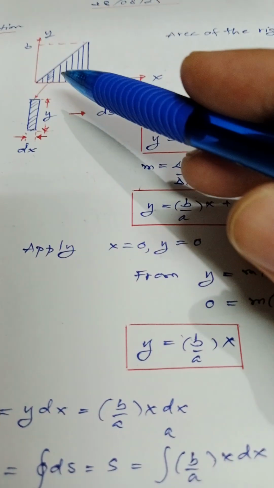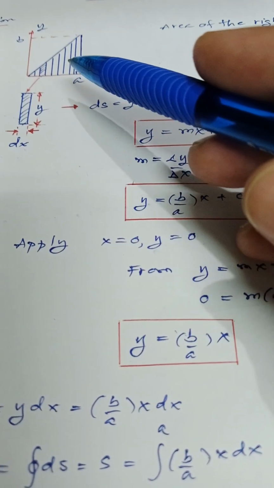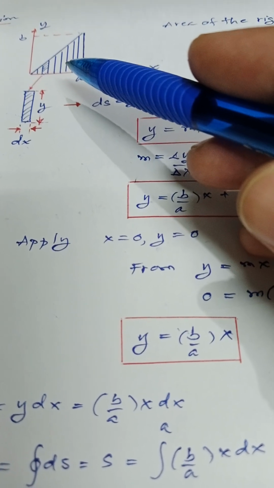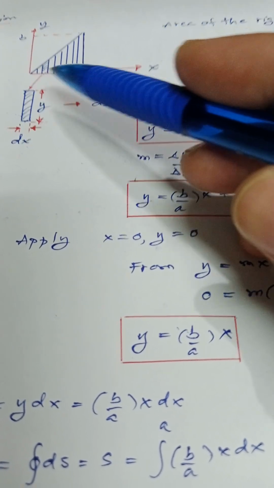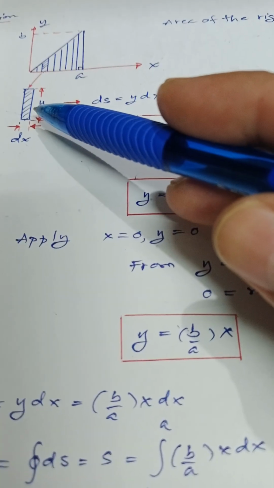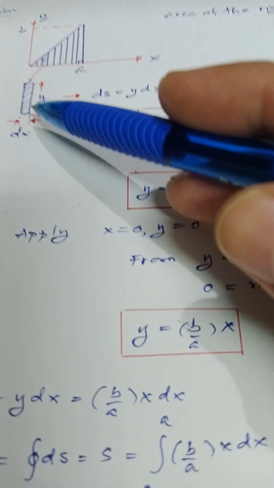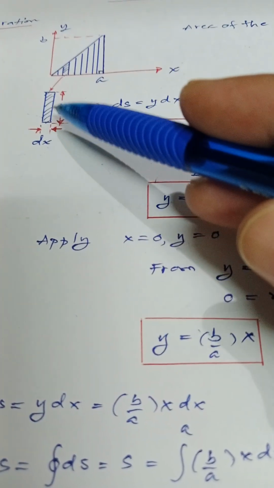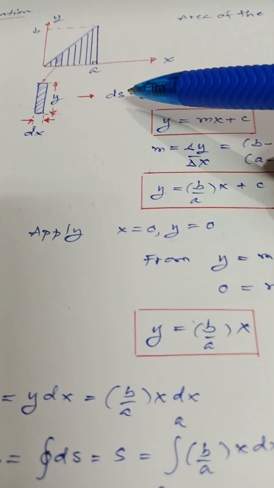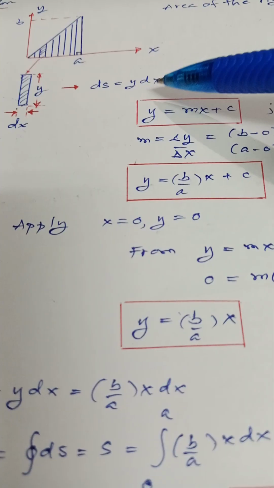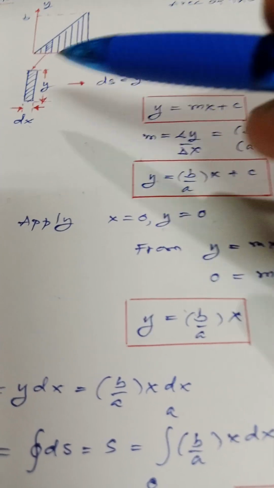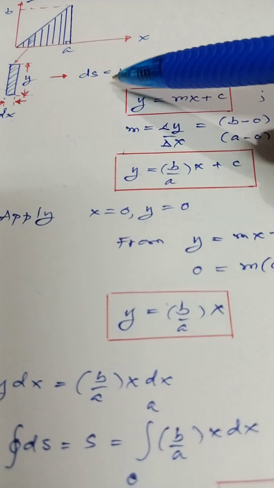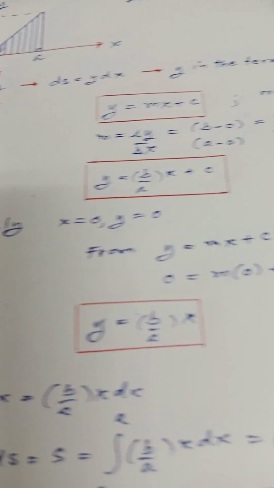You need to divide the triangle into smaller elements, and the very, very small area of the rectangle is the width multiplied by the height. In this case, the width is dx and the height is y. So you end up with dS equal to y dx.